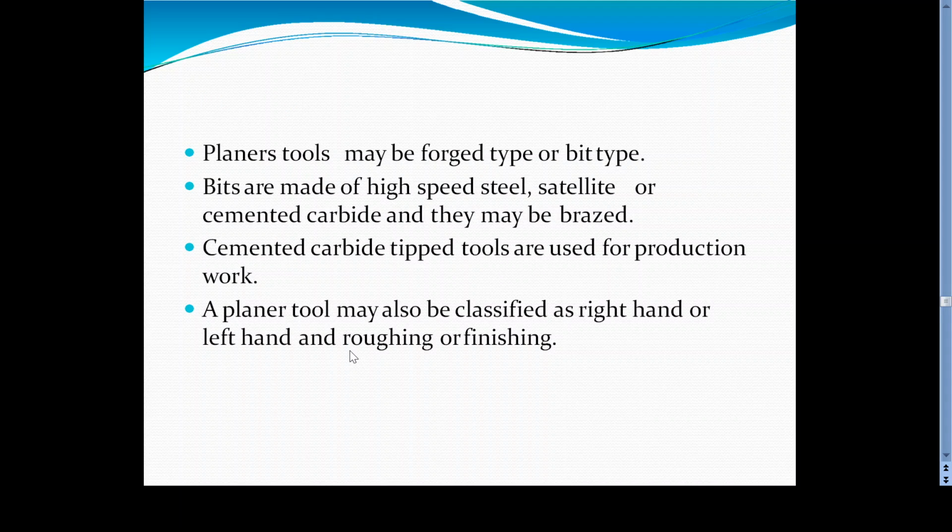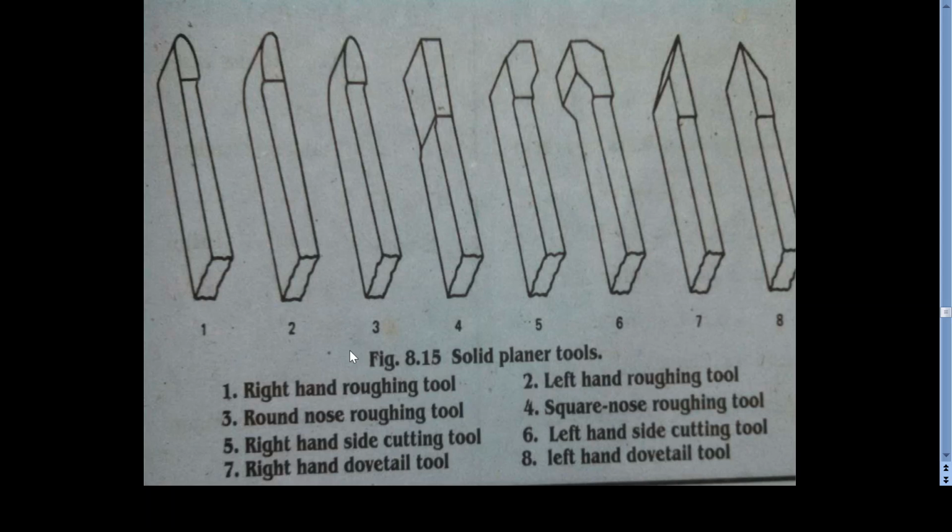Planer tools may be forged tools. Also bit type tools are used. Bits are made of high speed steel, stellite or cemented carbide tools. Cemented carbide tools are used for production work. A planer tool may also be classified as a right hand or left hand tool, and also as roughing and finishing tools. These are the different tools used in planer machines.